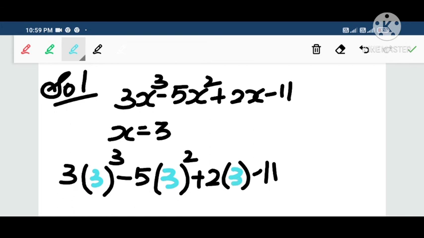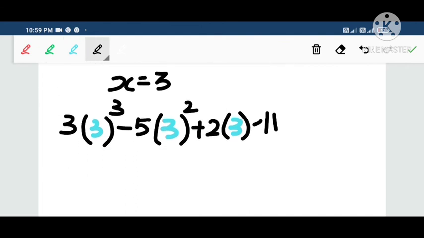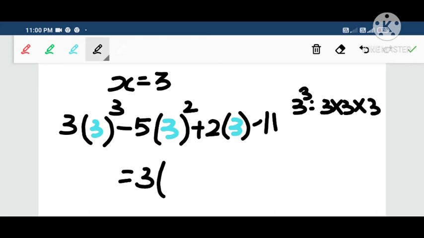Now you understand how you can substitute the value of x. In the place of x I just mention 3, and the power 3 is also the same. Now you just calculate it. 3 power 3 is nothing but 3 into 3 into 3. 3 3s are 9, 9 3s are 27.